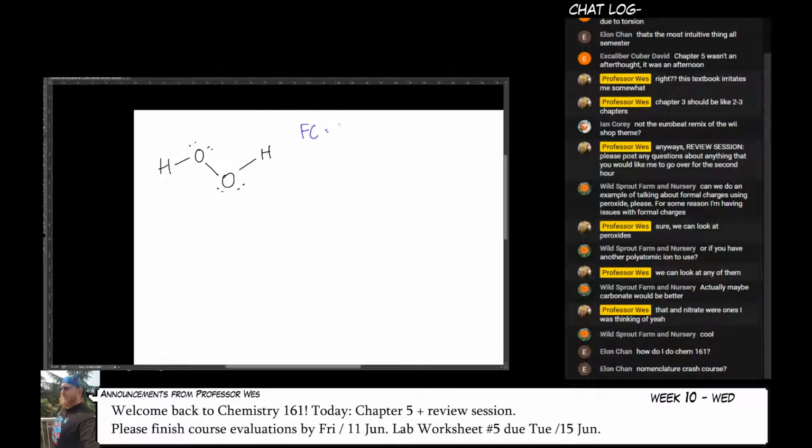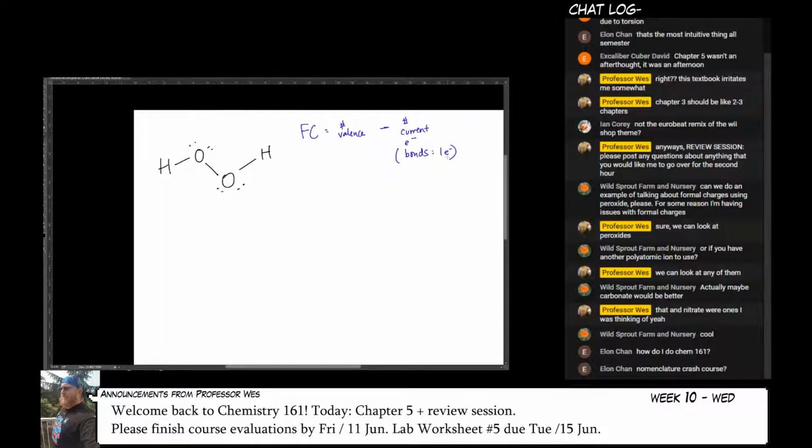So remember that formal charge is number of valence electrons minus number of current electrons. And for current electrons, we're going to count bonds as one electron because the other electron is being shared by the other entity, and we need to count it over there.